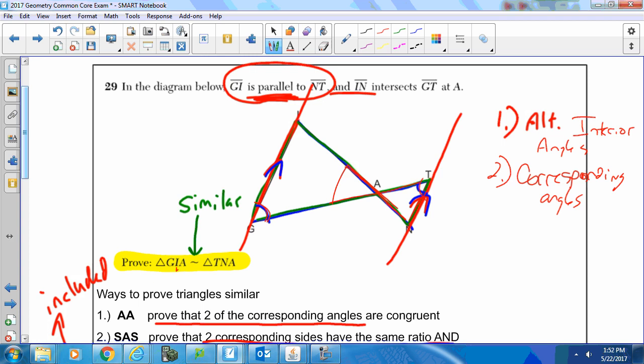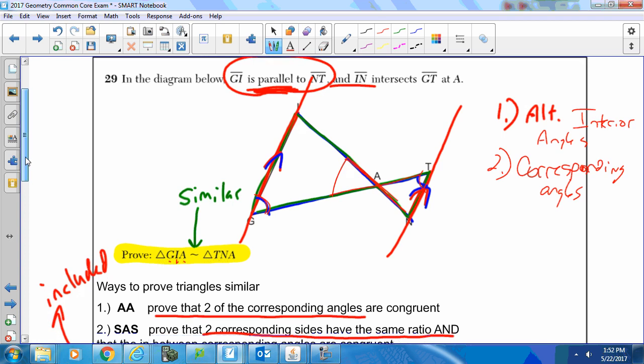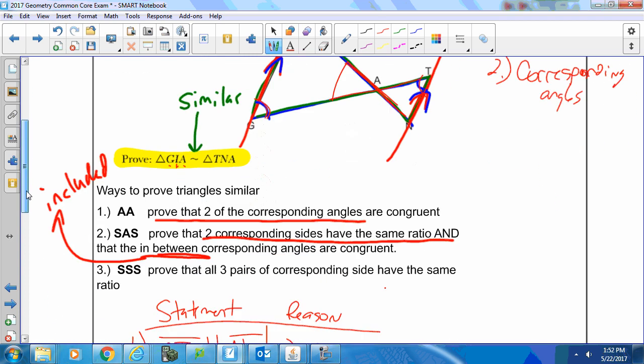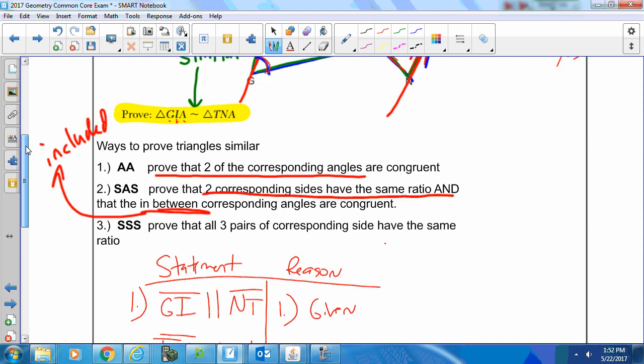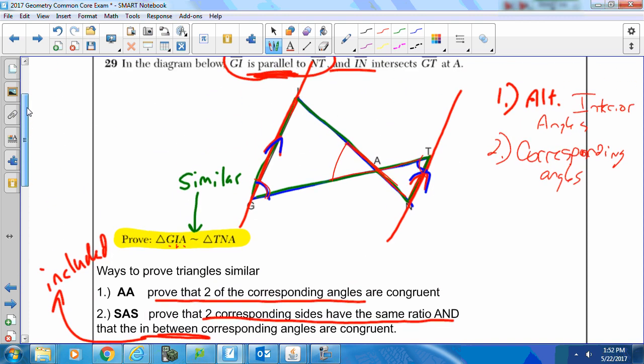So IAG is congruent to angle NAT, right? So we're going to say angle IAG is congruent to angle NAT.